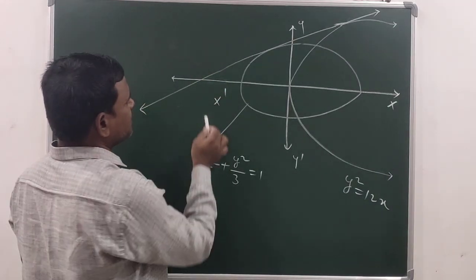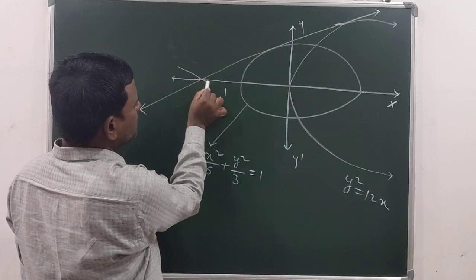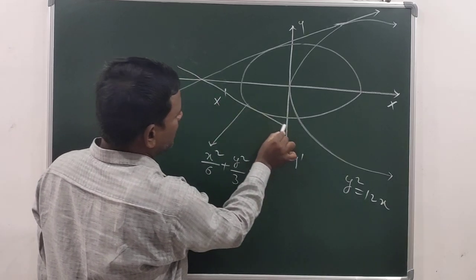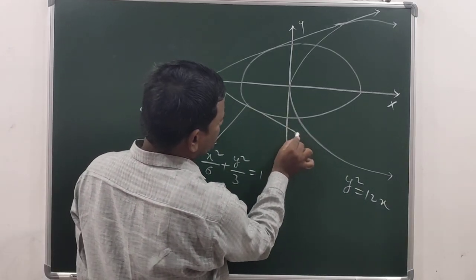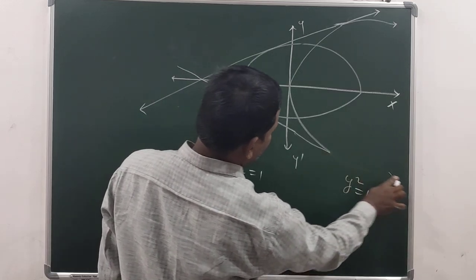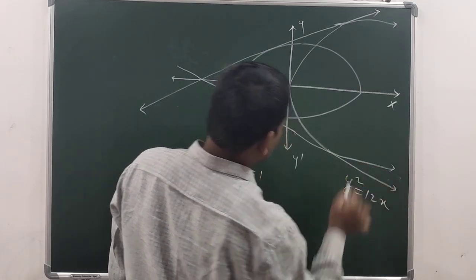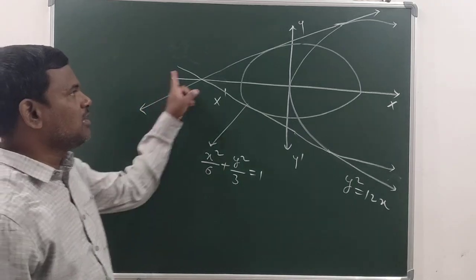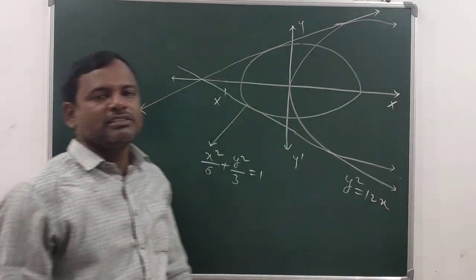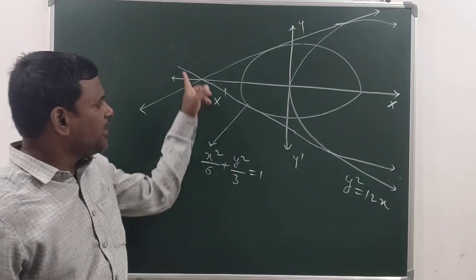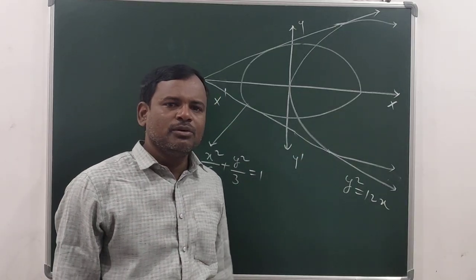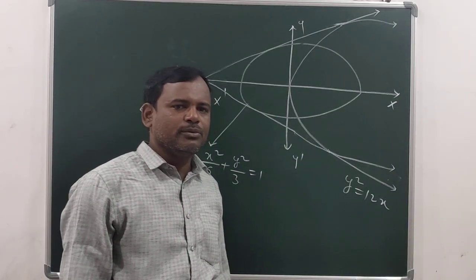And one more common tangent is drawn to this side. The name of this common tangent is T2. So this is the common tangent whose name is T1, and this is another common tangent whose name is T2.